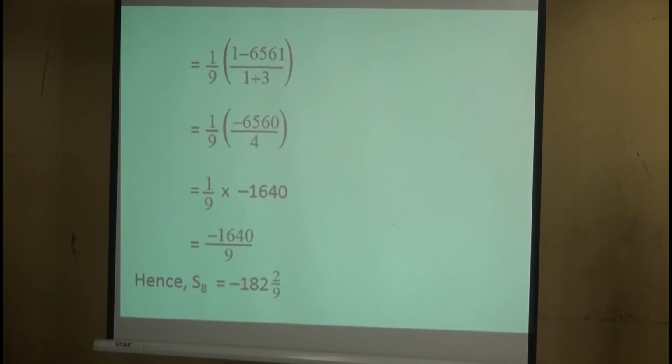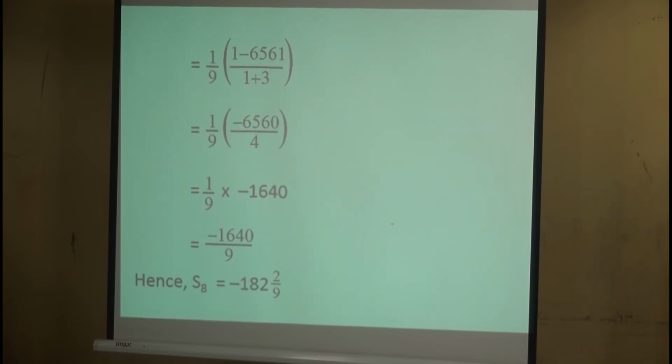So simplifying further, we'll be having 1 over 9, open bracket, 1 minus 6,561, because minus 3 raised to power 8 is 6,561, all divided by, minus in the denominator gives us plus.